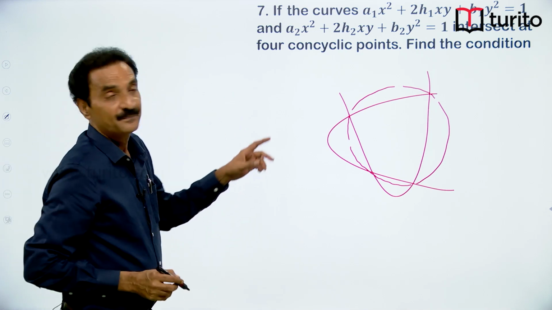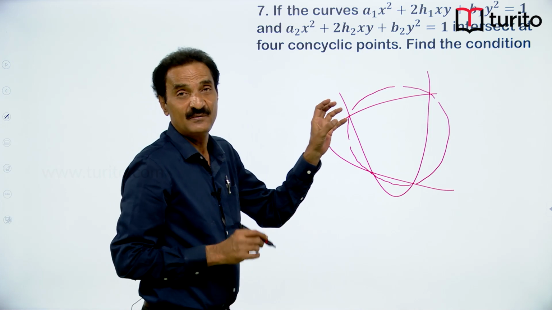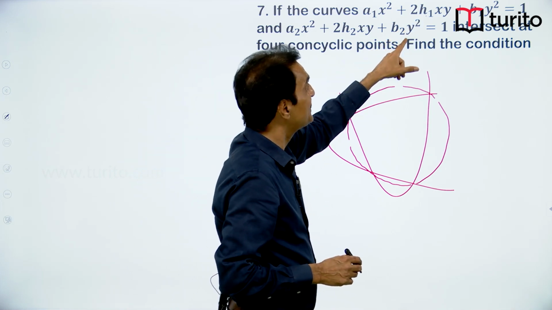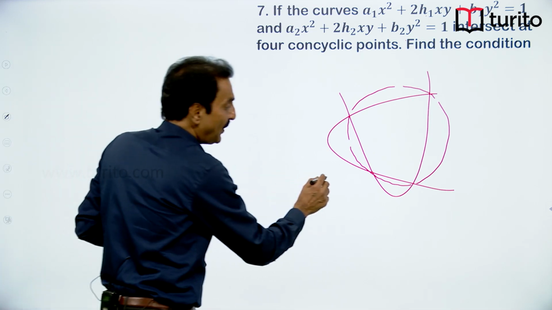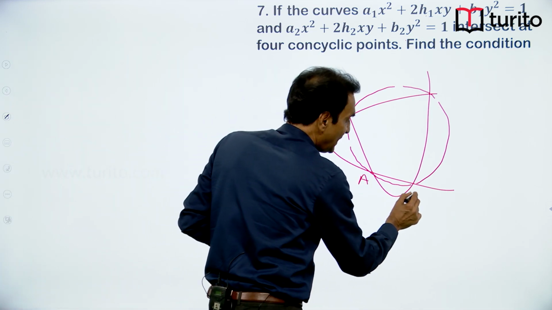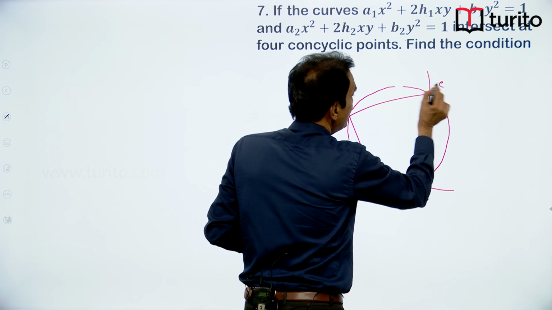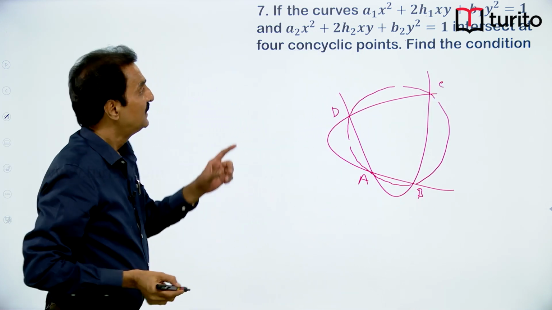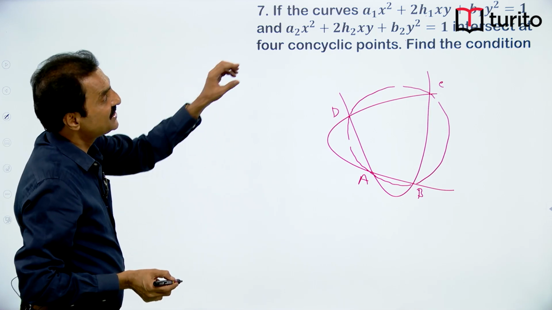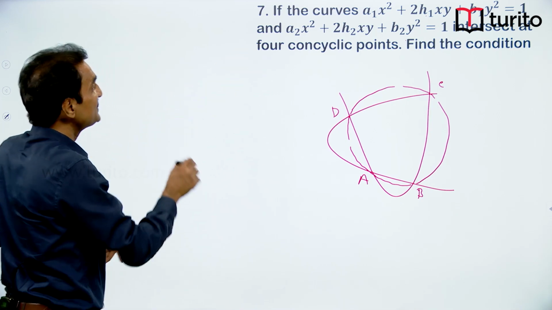Let us take a second degree equation which is a combination of this equation and this equation. Let the 4 points of intersection be A, B, C and D, right. How to take the second degree equation which is a combination of both the equations?